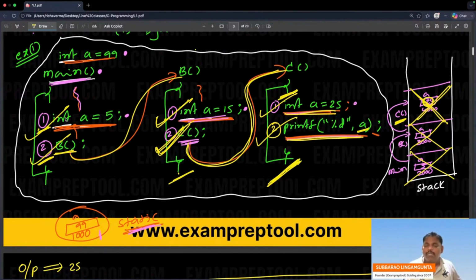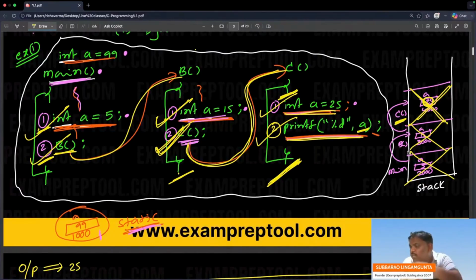So remember, main will be pushed, afterwards B pushed, afterwards C pushed. But when you say over, first C is over, next B is over, next main is over. That is the meaning of the stack property: last in, first out.